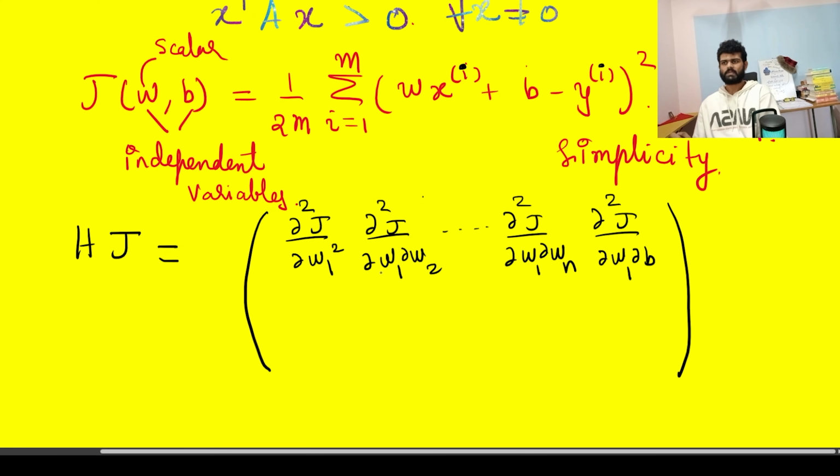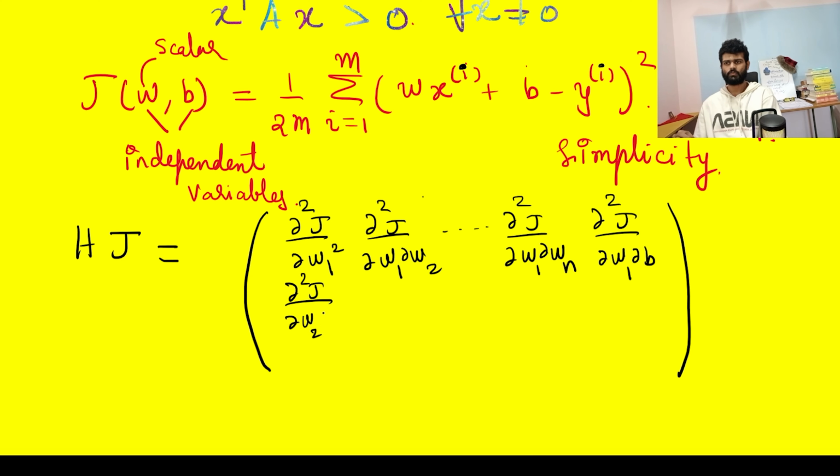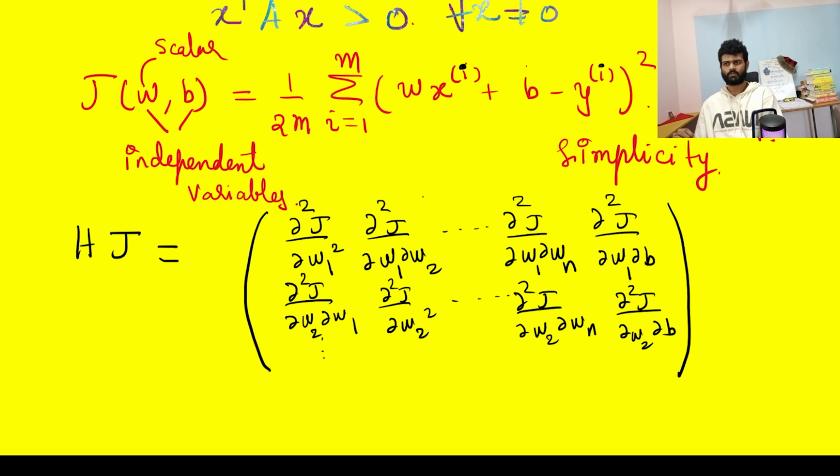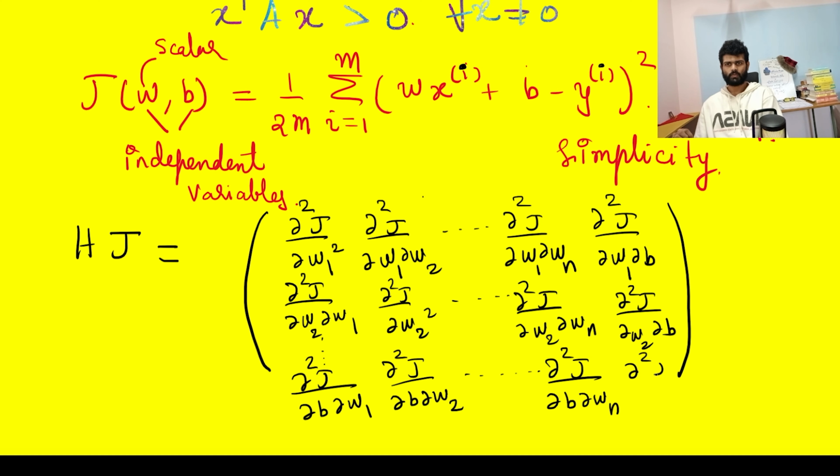And then similarly you can calculate the second row: ∂²J/∂w2∂w1, ∂²J/∂w2², etc., ∂²J/∂w2∂b. And the last row will be ∂²J/∂b∂w1, ∂²J/∂b∂w2, ∂²J/∂b∂wn, and ∂²J/∂b².